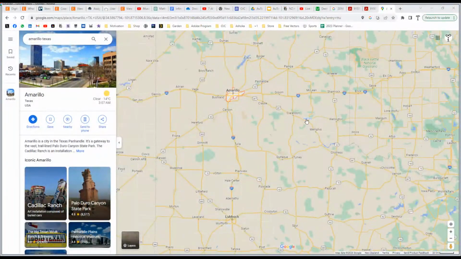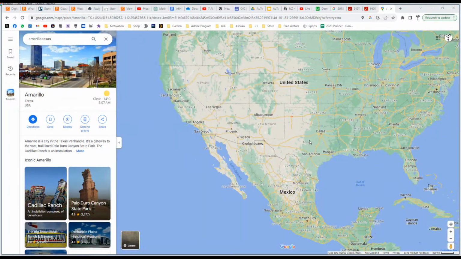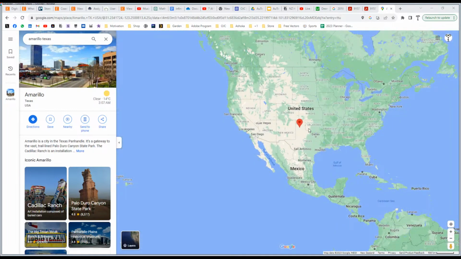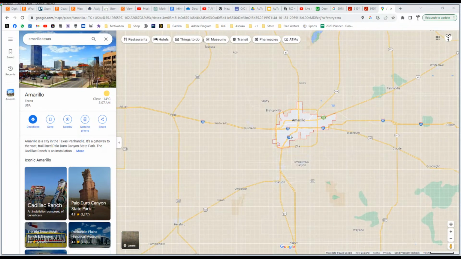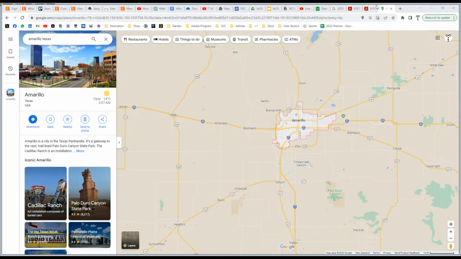This is where Amarillo is. Wow, that's literally in the middle of the US. Well, there we go. We learned something new today. Come to Infinity Plus One's tutorial and learn something new.